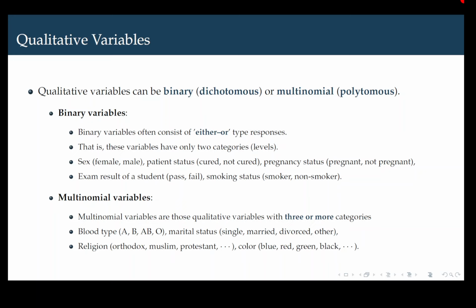Marital status, assuming values single, married, divorced, other, is a multinomial variable. Similarly, you can consider religion, color, and so on. Any qualitative variable assuming three or more categories is called a multinomial variable.